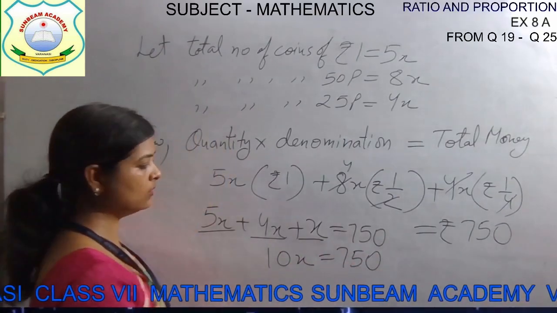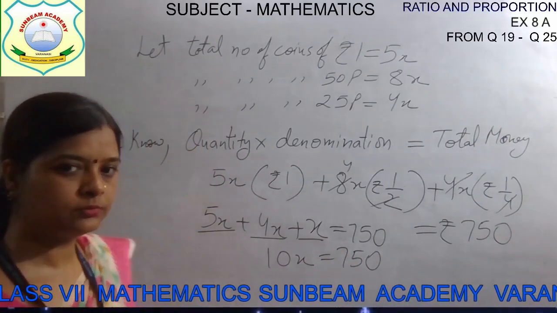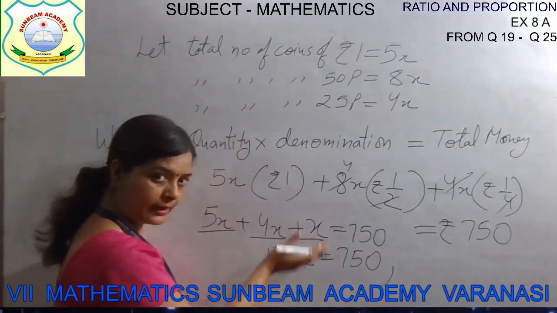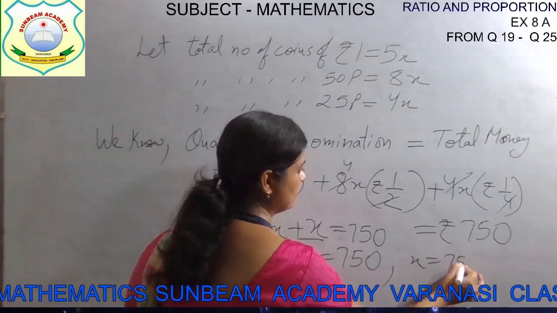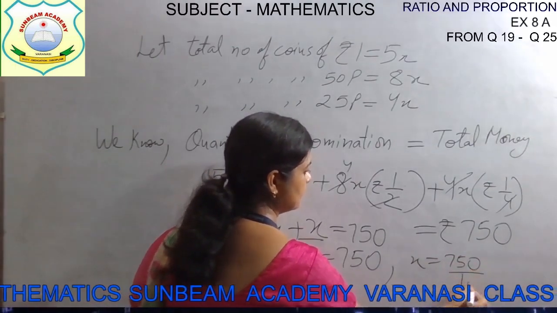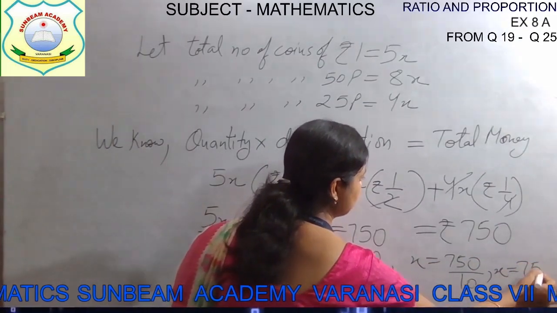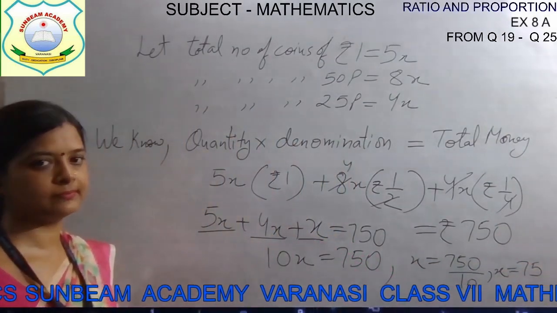And now when you solve this, x is equal to 750 by 10. You will write below it. That is, x is equal to how much, children? 75. What is the value of x? 75.